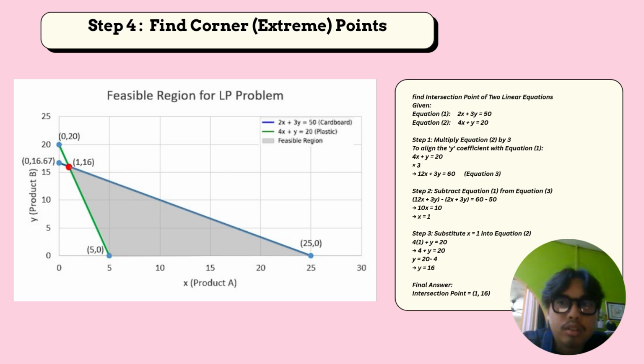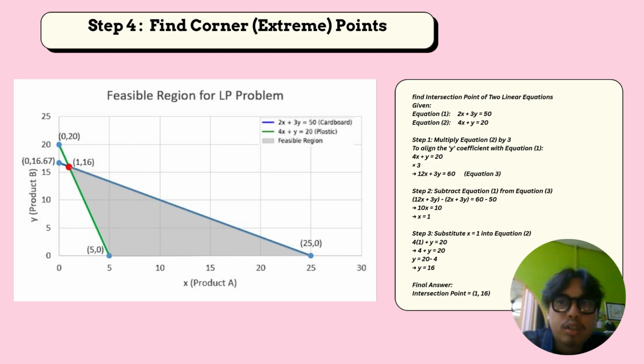Then the blue line shows the constraint 2x plus 3y equals 50, which represents the cardboard limitation, and the green line 4x plus y equals 20, which represents the plastic limitation.